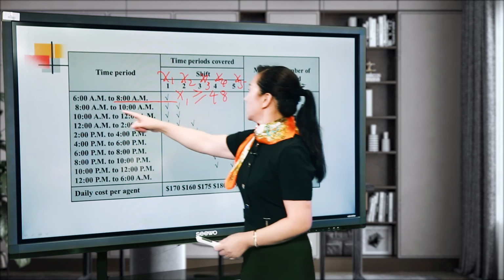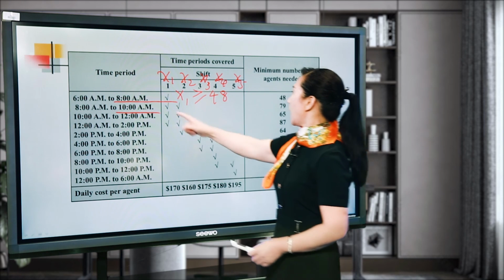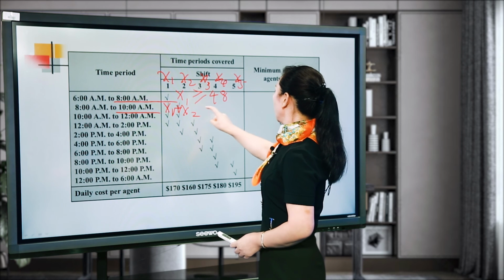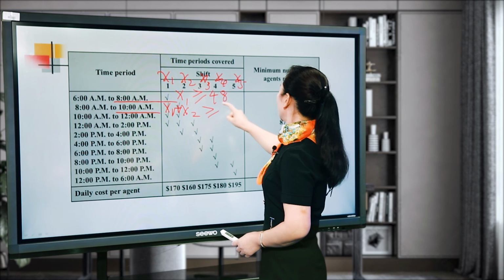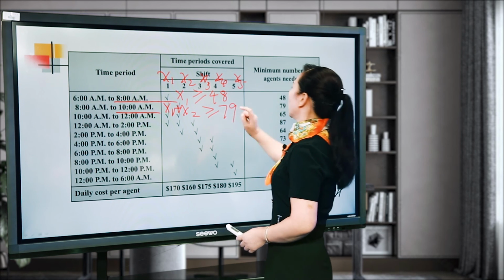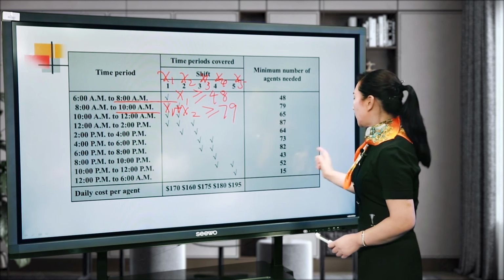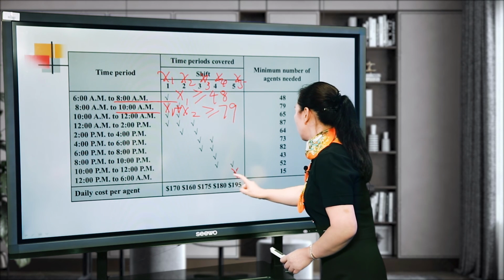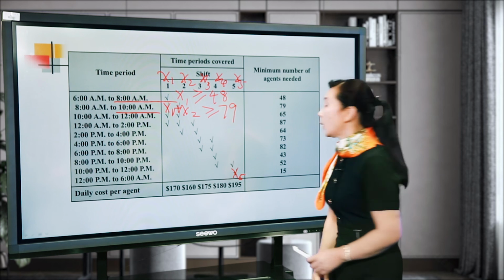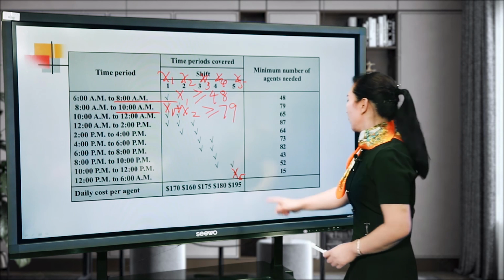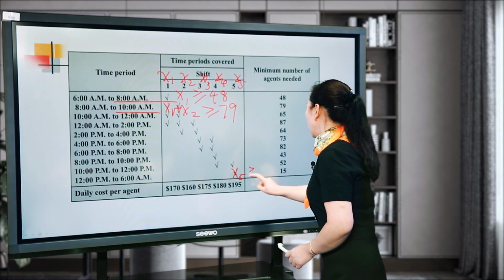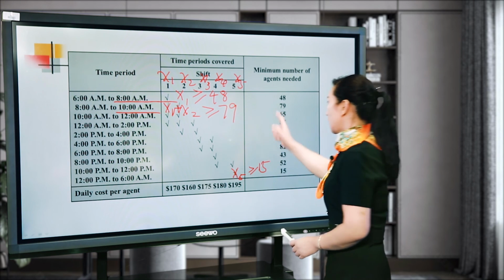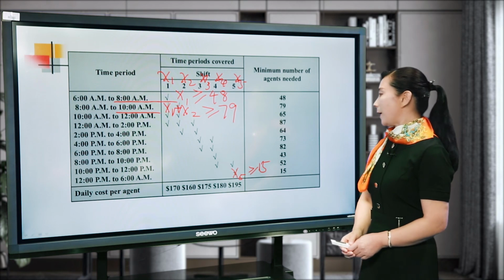And in the second period, x1 plus x2 is greater than or equal to 79, and so on. And the last period is where only x5 can work, so x5 is greater than or equal to 15. This is the constraint in this problem.